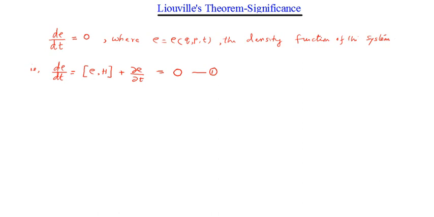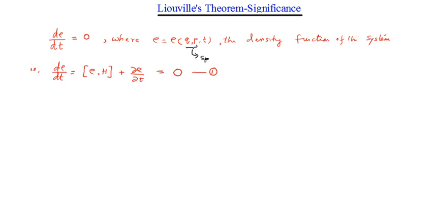Now let's discuss what actually is the significance of each of these two terms on the right side of d rho by dt. Rho in general is a function of q, p as well as t. I have been telling about this earlier also, where q and p are the spatial coordinates of the phase space.